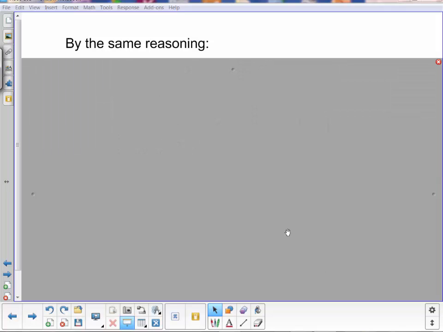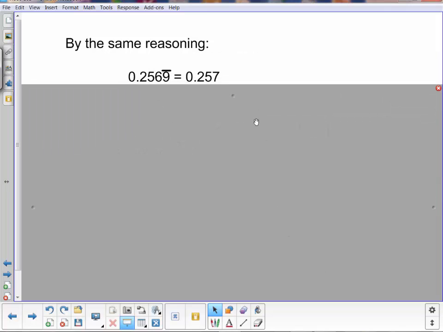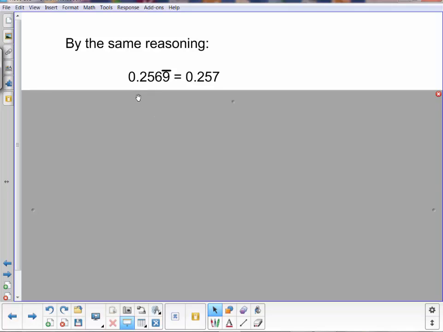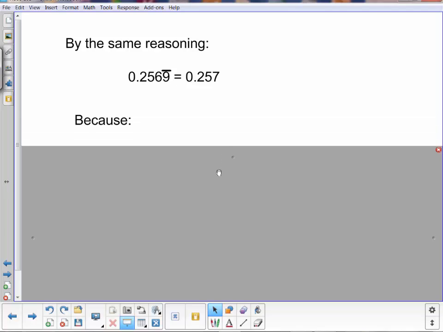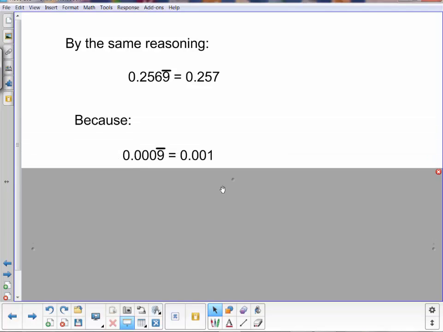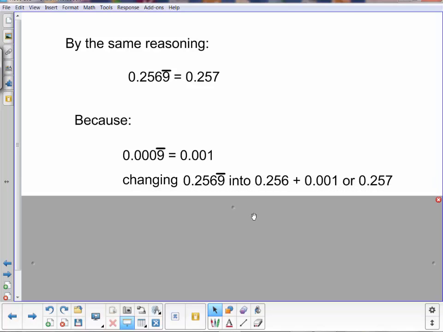And by the same reasoning, we can show that the decimal 0.256 with a repeating 9 on the end becomes exactly equal to 0.257, because 0.0009 bar is exactly the same as 0.001. And changing this into this addition, we obtain 0.257.